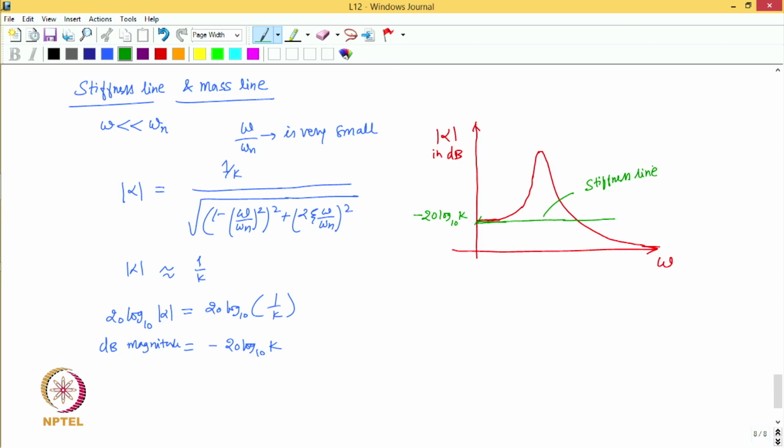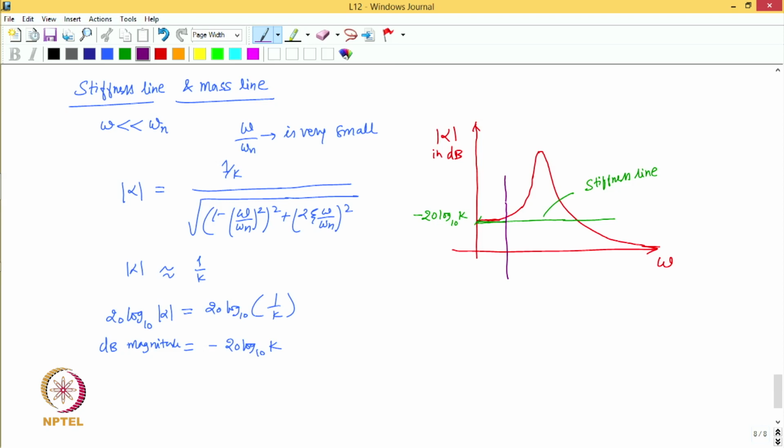So, this line very well approximates the behavior. If I look at this region, we can roughly mark it as the low frequency region. In this region, the stiffness line is able to approximate the magnitude of the FRF reasonably well.